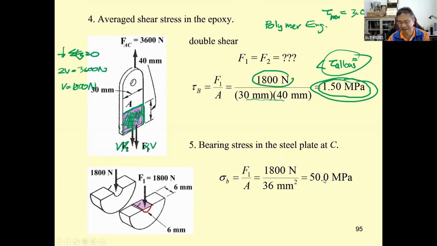Again, this is a little bit less than the sigma allowable, which is going to be 125 megapascal. So this one is okay. This type of problem is called the analysis 1.8.